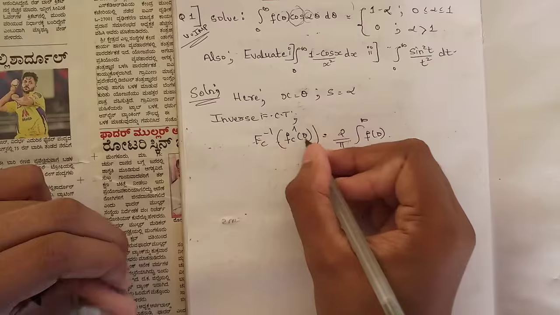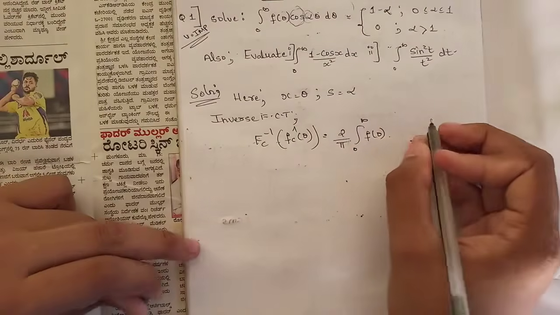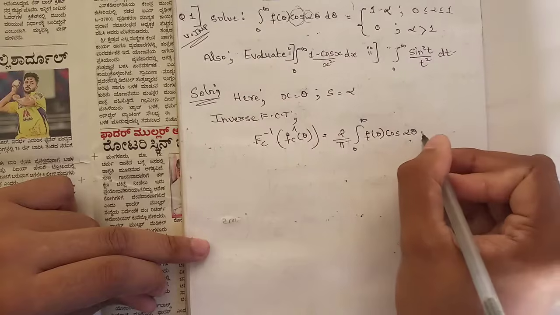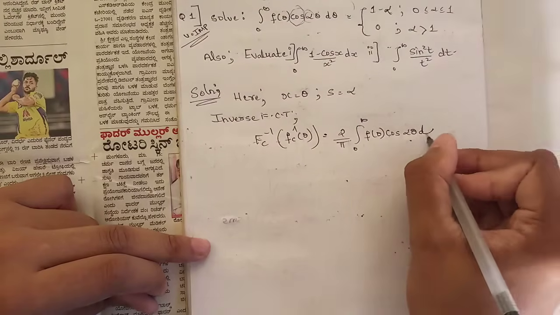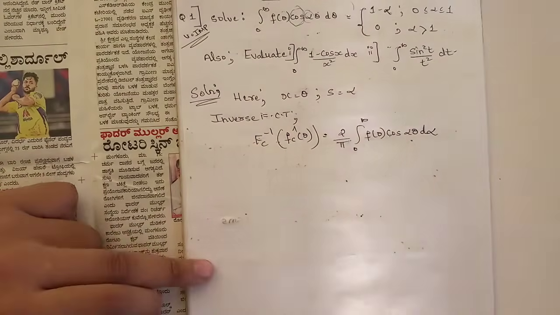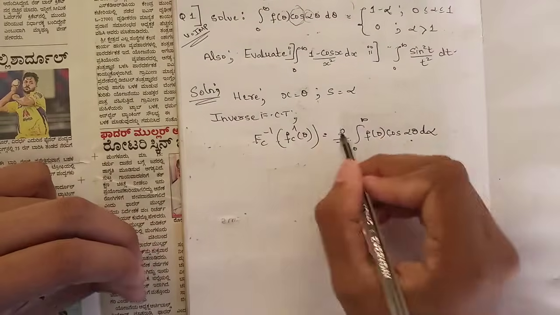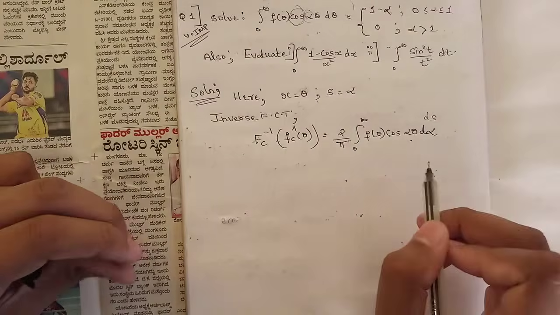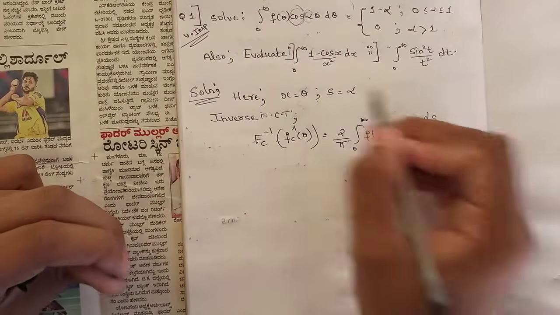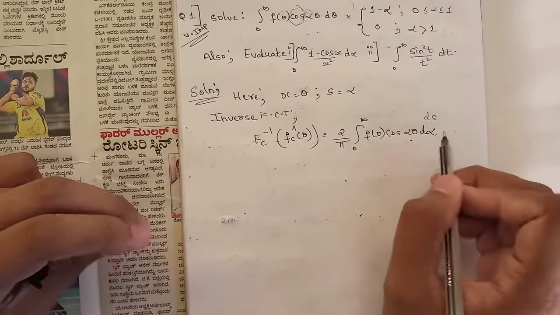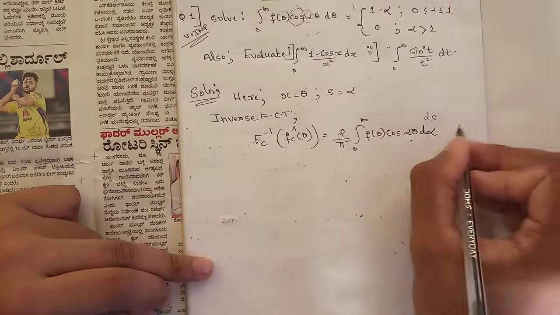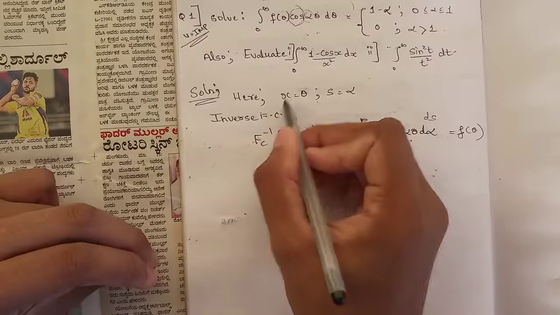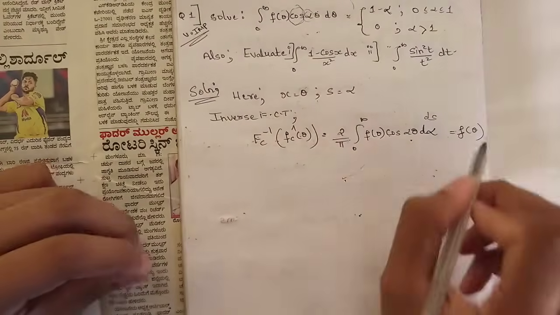It is not Fc of s, it is Fc of theta now. Generally for the inverse Fourier cosine transform it has ds, but here the parameter s is equal to alpha, so we need to write d alpha. And that is equal to f of theta, not f of x, because in place of x we have theta here.